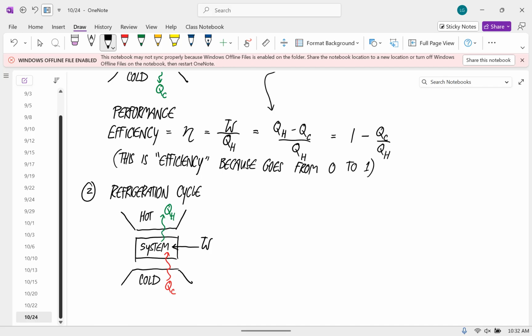So let's think about conservation of energy. It turns out it works the same way as before, just everything's in the reverse direction. So the stuff entering the system has to equal all of the stuff leaving the system. So you have, again, QH is equal to W plus QC.